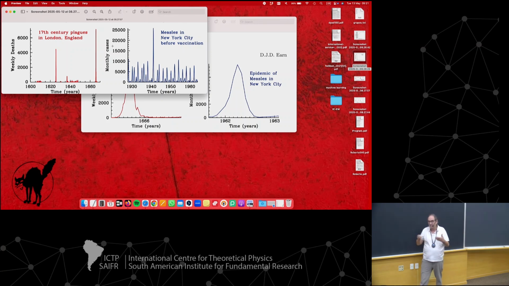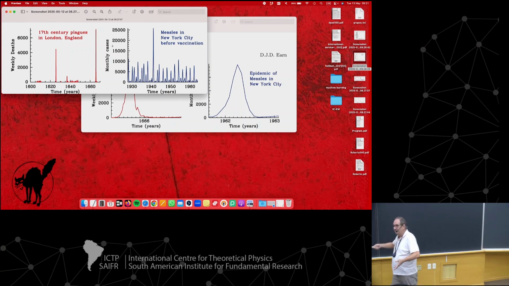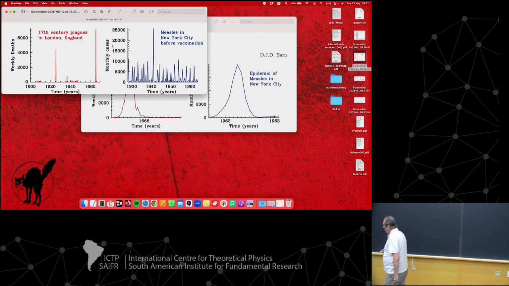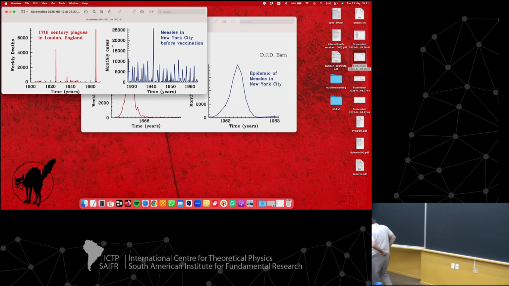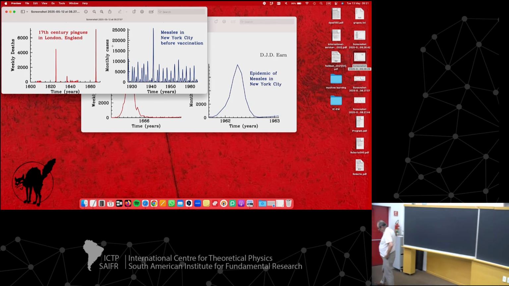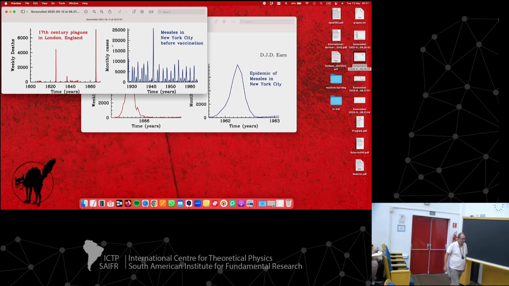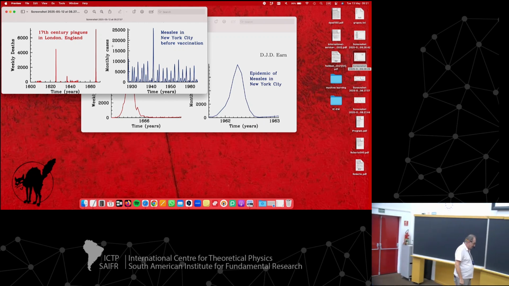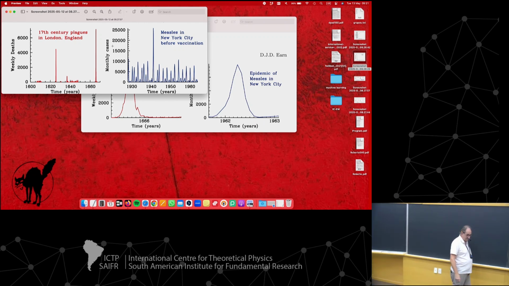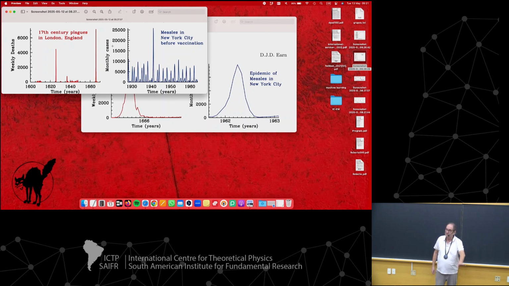They have a period of 1 year, okay? And the point is, our SIR model cannot explain this. As it is written, it has no solution with recurrent epidemics.